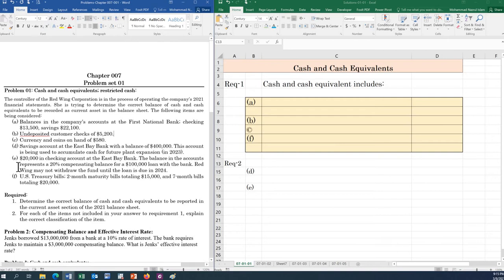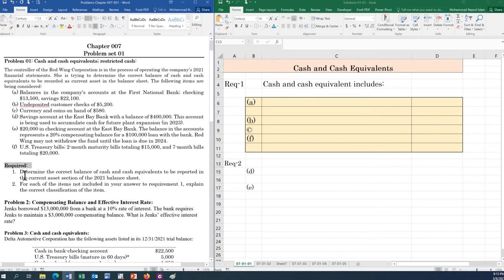The balance in the accounts represents a 20% compensating balance for a 100,000 loan with the bank. Red Wing may not withdraw the fund until the loan is due in 2024. And US Treasury bills, 2-month maturity bills totaling 15,000 and 7-month bills total 20,000.